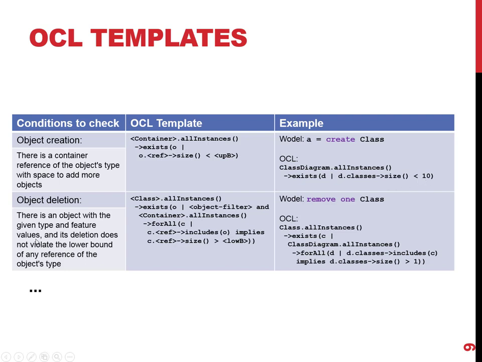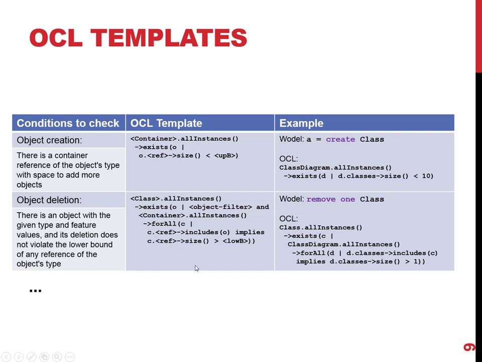In the case of the object deletion primitive, it demands the existence of an object with the specified type and feature values, and that it is also included in a container reference that would not violate its lower cardinality bound if the object deletion takes place.